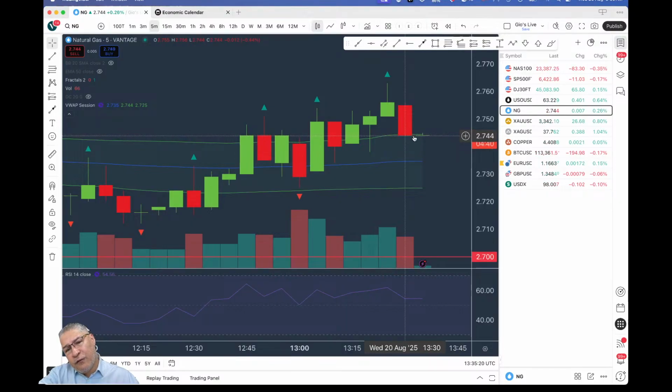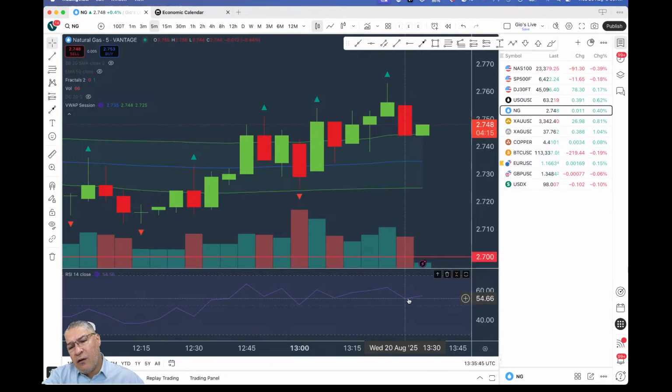We have to contemplate the idea that the market is going to retrace and find its way down towards the VWAP. Because again, what is the VWAP? It is the volume weighted average price, right? So you have two choices there, either to go short or to go long. Then you will need confirmation.